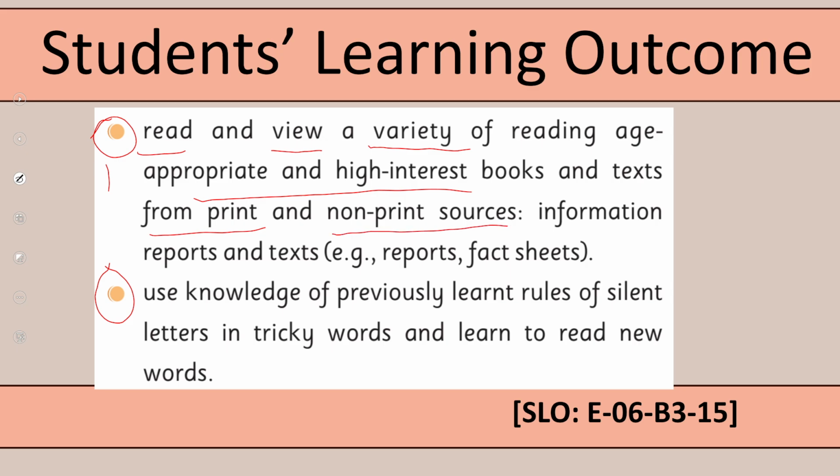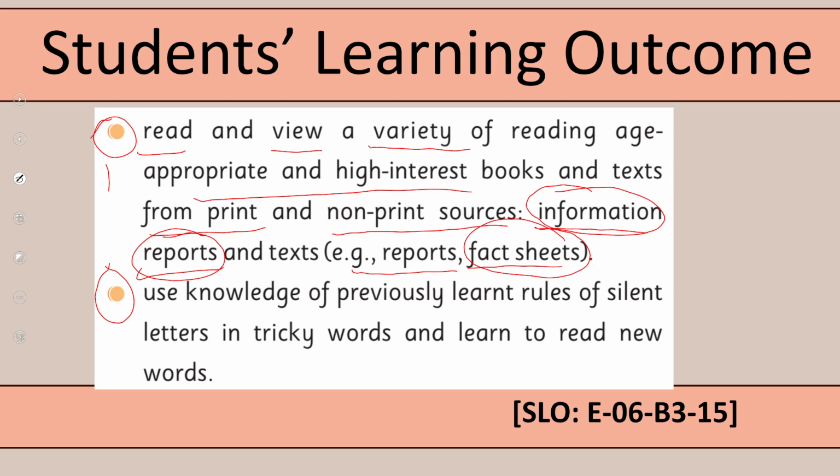This is the generic part of our students' learning outcome, and today we are going to see reading information reports and texts like reports, and also fact sheets or fact files. So we are focusing on how we can make information reports, how we can read them, and what a fact sheet is, how it is made, and how we can read it.